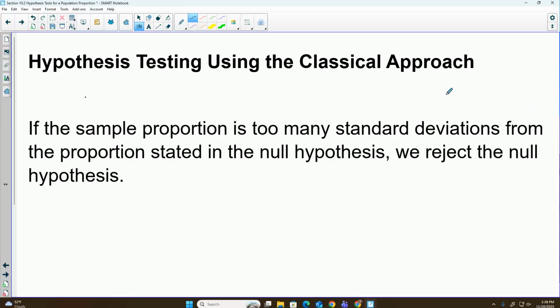So the classical approach is all based on standard deviations. Remember, we know our empirical rule. If we have a normal distribution, how much do we expect within one standard deviation of the mean? 68% of the data is within one standard deviation. How much within two standard deviations? 95%.